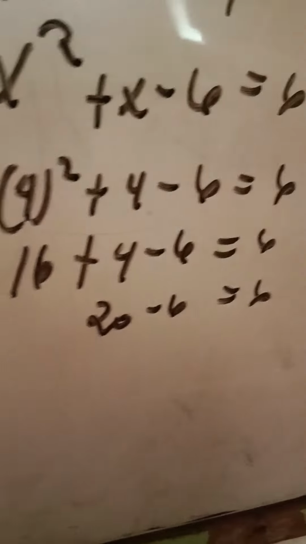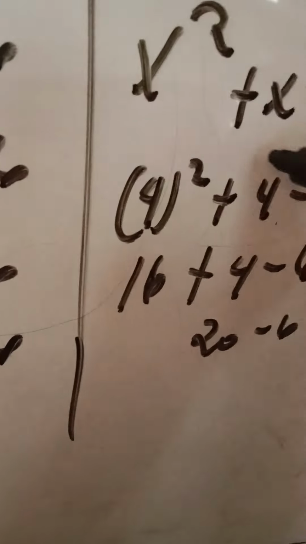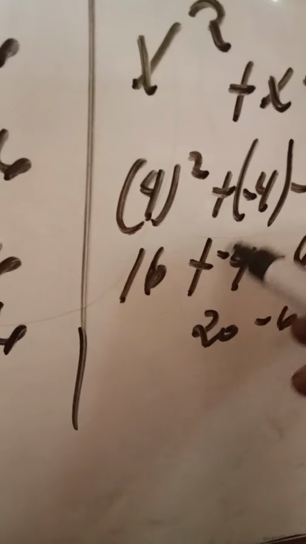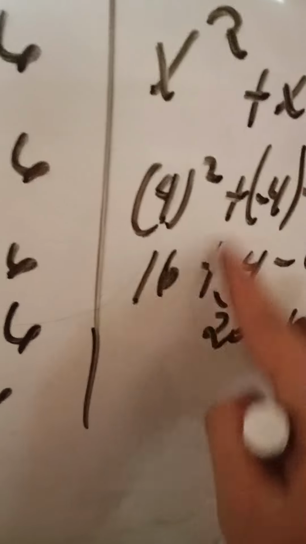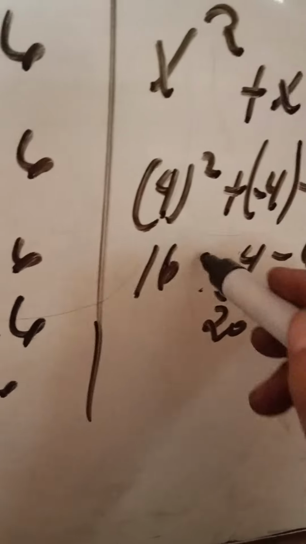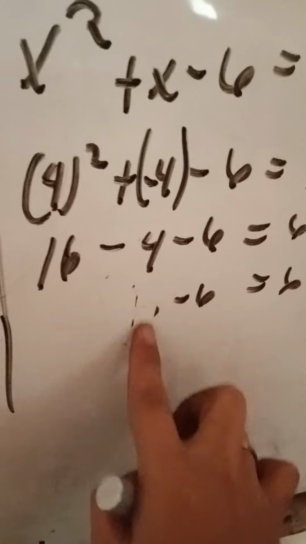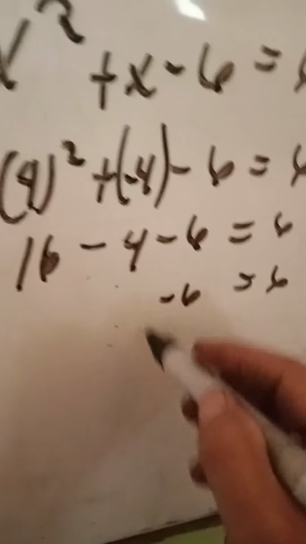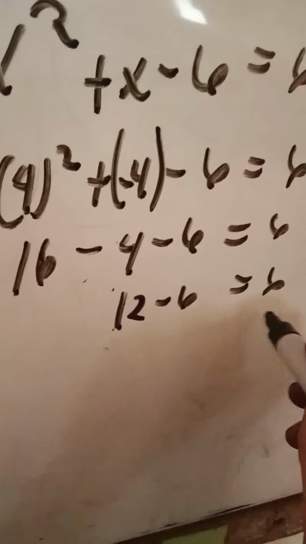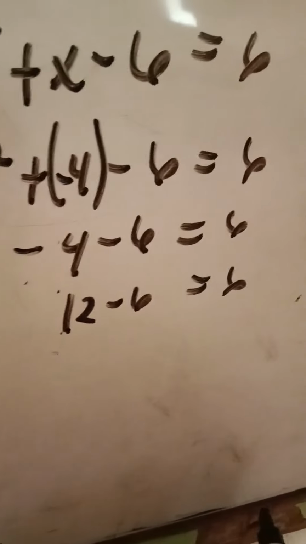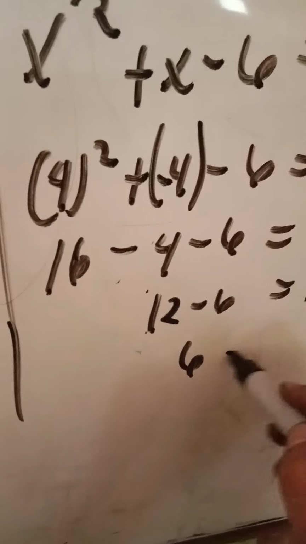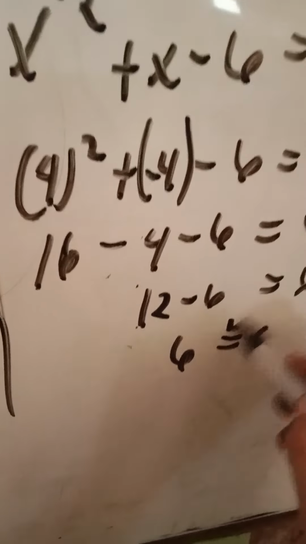We have negative 4, it becomes negative. So 16 minus 4 is 12. 12 minus 6 equal to 6. Then 12 minus 6 is 6, equal to 6. So now our answer is 6 also.